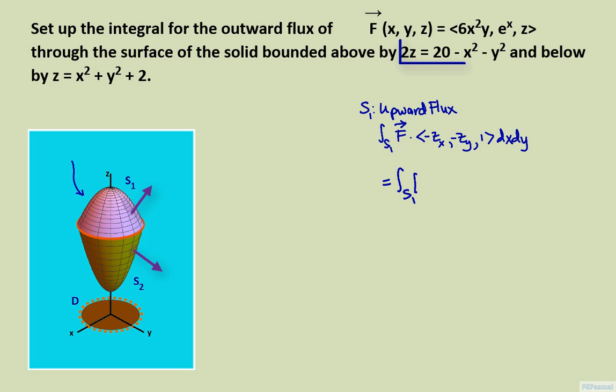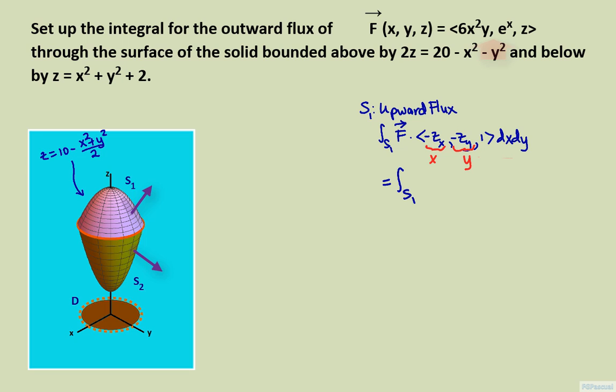Using the equation for capital S sub 1, we find that z is equal to 10 minus the fraction x squared plus y squared all over 2. It is now an easy exercise to find the partial derivatives of z with respect to x and y. Minus z sub x should be equal to x. Minus z sub y should be equal to y.